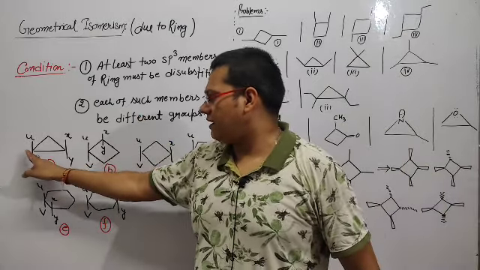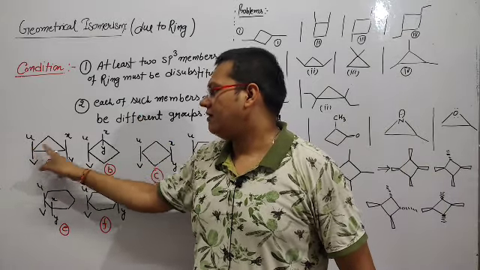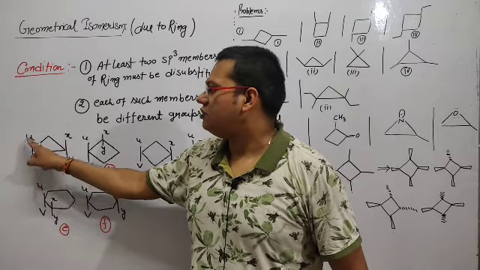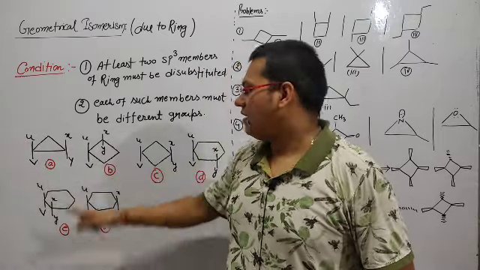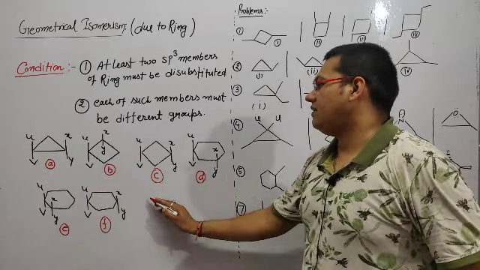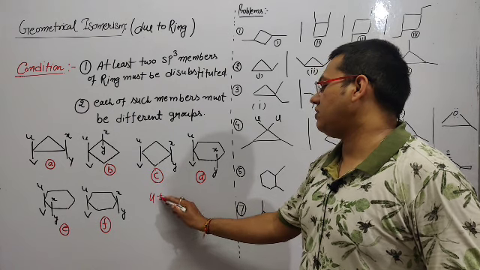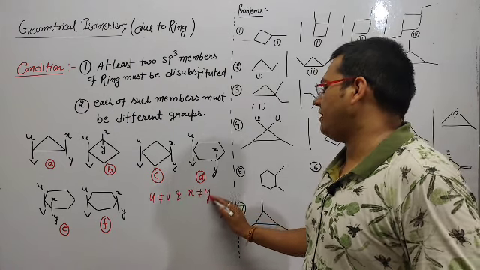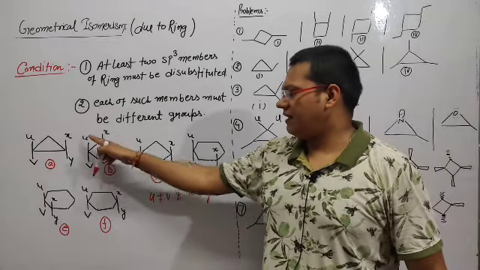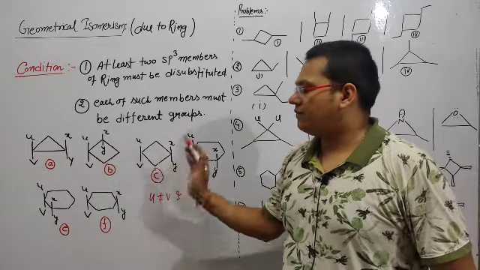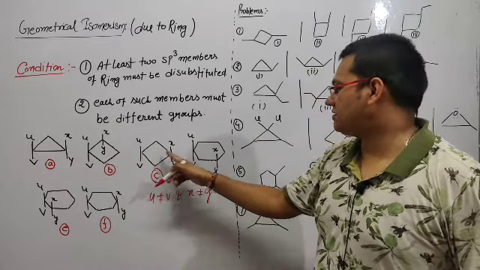Say for example, if this carbon is sp3 and this carbon is also sp3, then on this carbon the two groups must be different, and here also the two groups must be different. So the condition here is U does not equal V and X does not equal Y. In a 4 member ring, U and V, X and Y also, no problem. You can see this example.